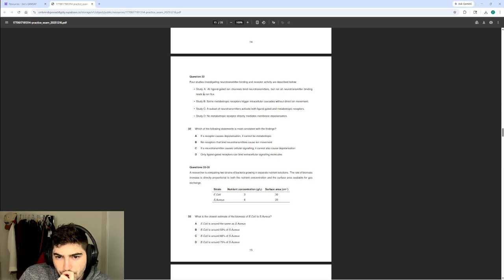Okay, so let's just go one by one. If a receptor causes depolarization, it cannot be metabotropic. I think, is ion flux depolarization? I think it is. If a receptor causes depolarization, tropic.